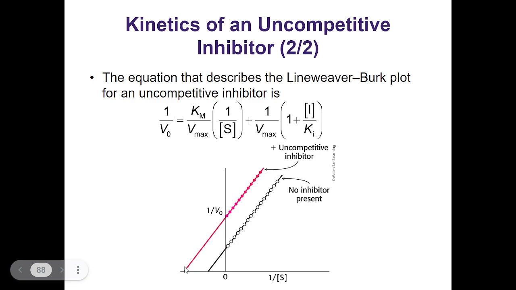So if it moved this direction, that means that Km had to have gotten smaller, right? I don't remember which way I said it earlier. Okay, so correct that. It got smaller in value. Or another way of saying that is the binding was increased.